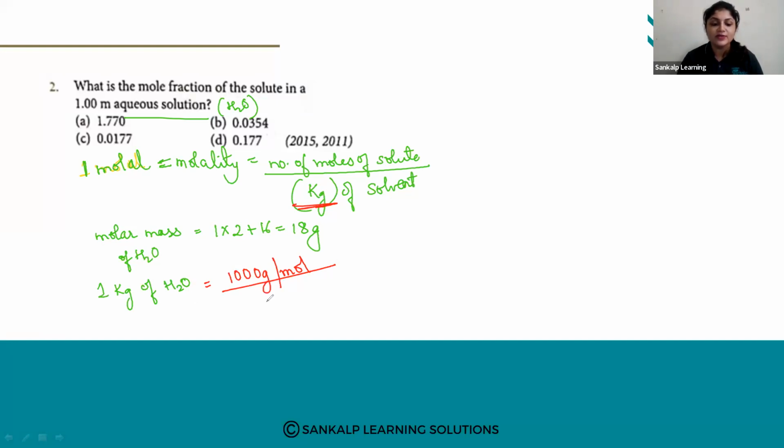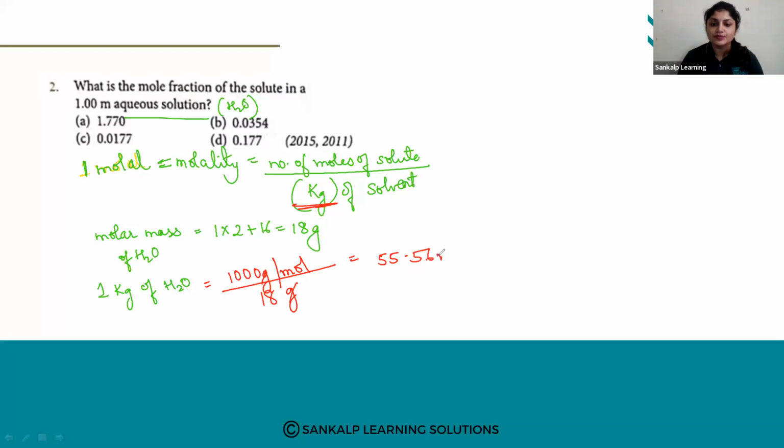The molecular weight is 18 gram. So when you calculate 1000 divided by 18, it comes to 55.56.